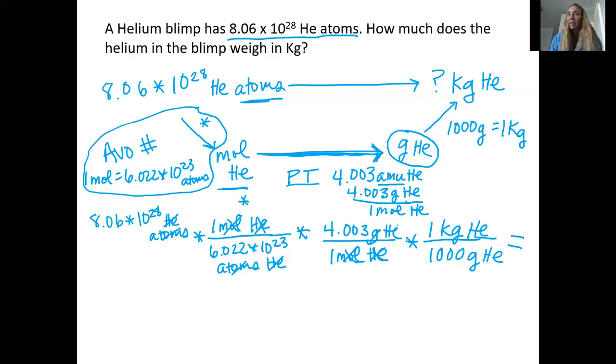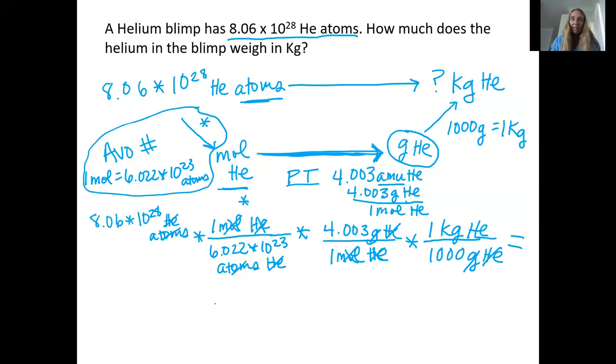So grams cancel with grams, and helium cancels with helium. So when I go through, I multiply all of the numbers across and divide by all the numbers at the bottom. Notice that every single unit and label cancels out except for this end one right here, kilograms of helium. If you have units and labels that don't cancel out during the problem, they have to end up in your end equation, and maybe you've done something wrong.